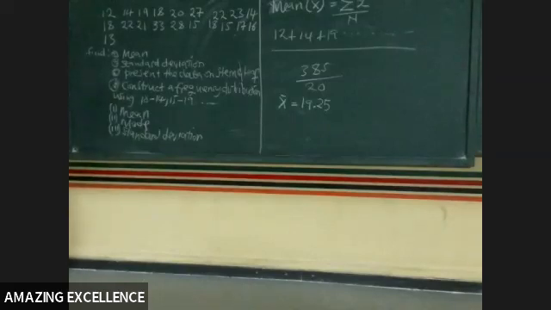Therefore, I would like that we do question D instead of B. We construct a frequency distribution from the data. Once we construct it, it will be easier to calculate the standard deviation.